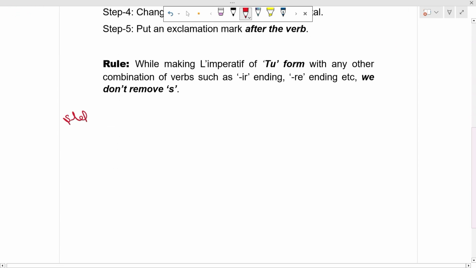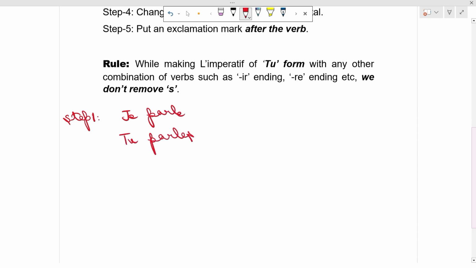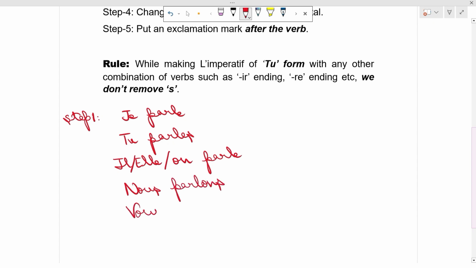So step 1 is: je parle, tu parles, il, elle, on parle, nous parlons, vous parlez, and ils, elles parlent.